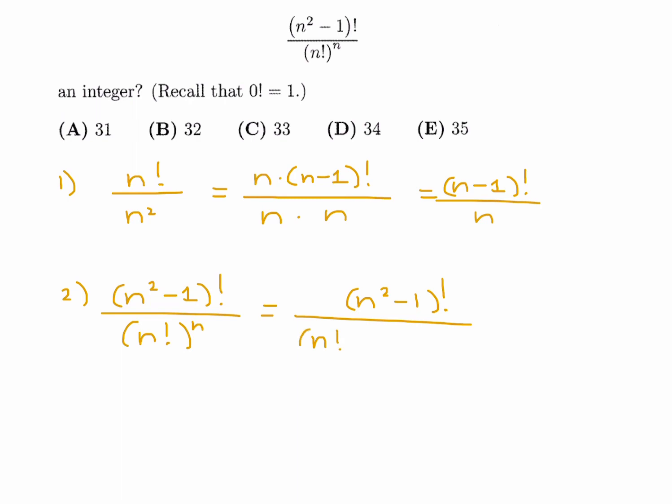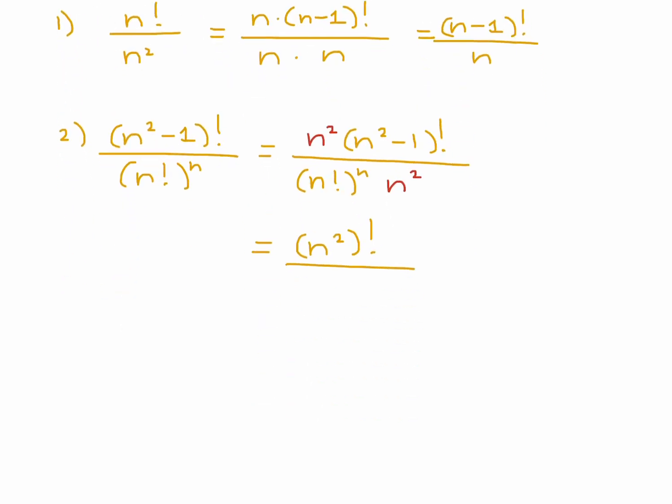I'm going to keep what we have, of course, but then introduce an n squared on the top and the bottom. When I do that, you'll notice that the top now becomes n squared factorial, very similar to what I did up top. And then the bottom now, we have this (n factorial) to the power of n times n squared.